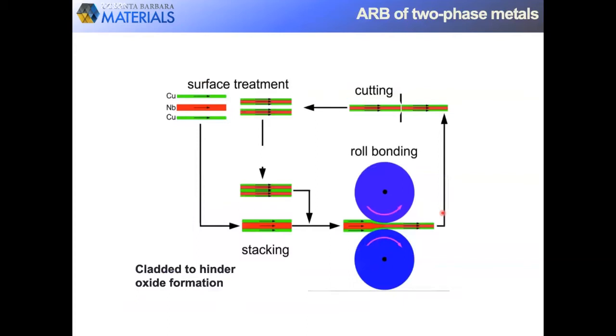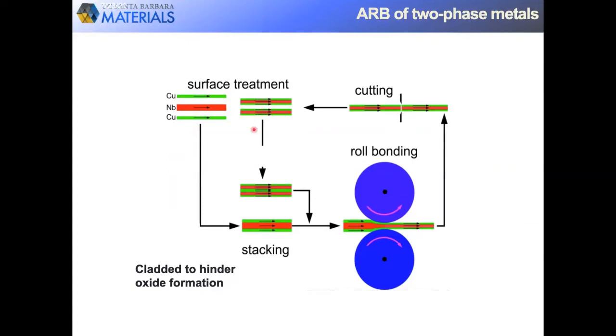We applied the accumulative roll bonding, ARB, process to copper and niobium. We started with separate sheets of copper and niobium, about millimeters thick. How this works is that you stack these sheets in an alternating sequence, and then roll bond them.